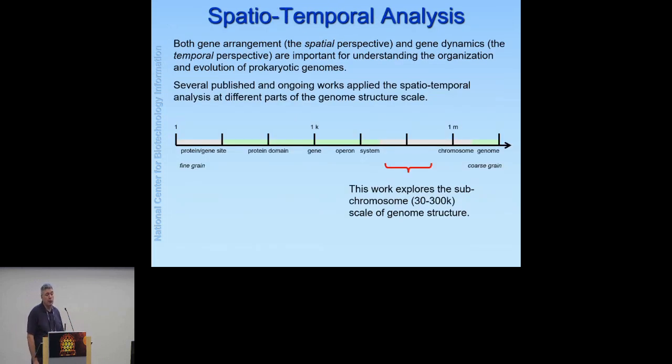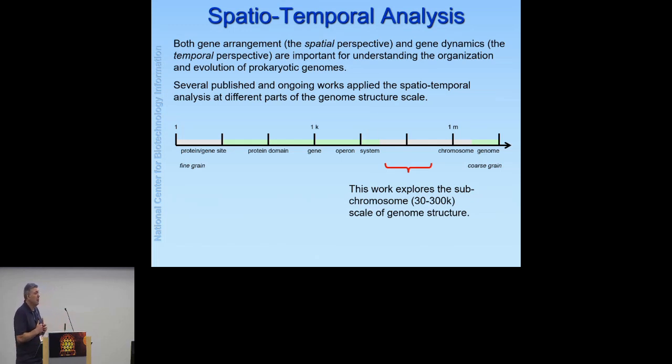And then it took a few more decades to realize that these two approaches to prokaryotic chromosome structure can and should be combined into spatial-temporal analysis. Both mutual arrangement of genes and the dynamics of that could be studied simultaneously, and this provides insights which are inaccessible if you are looking from only one perspective.